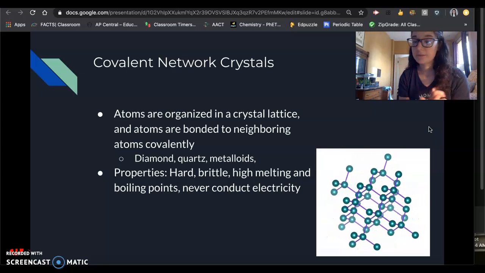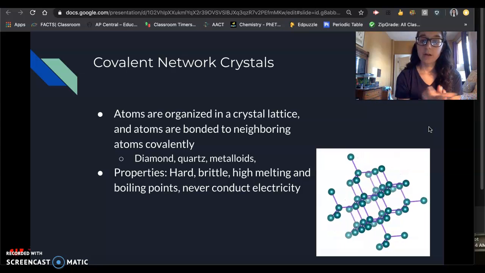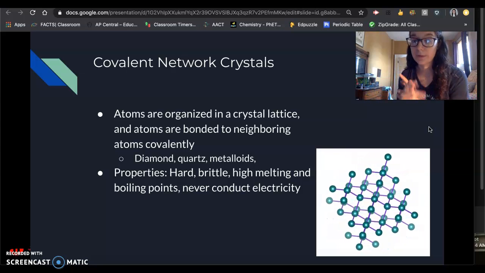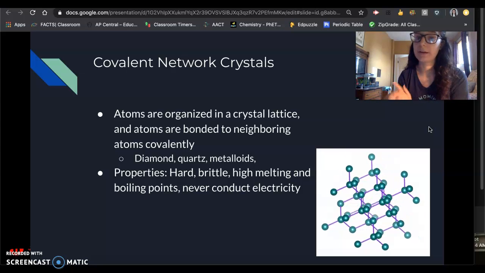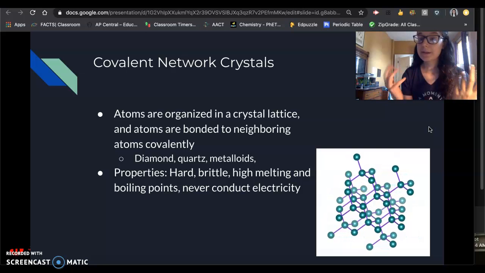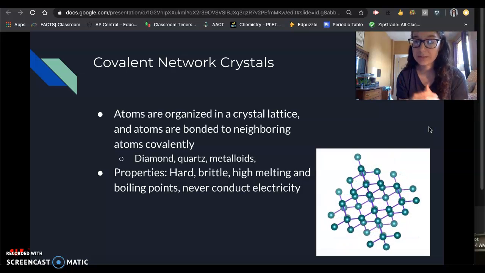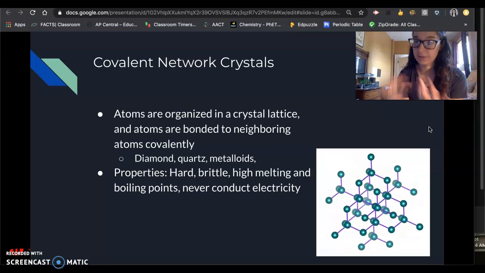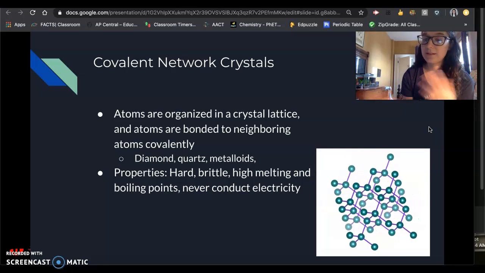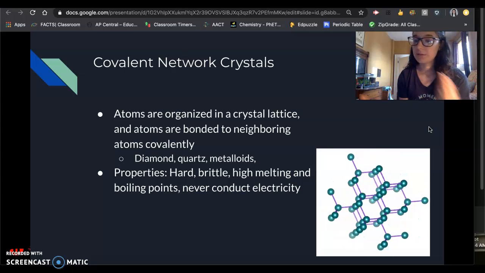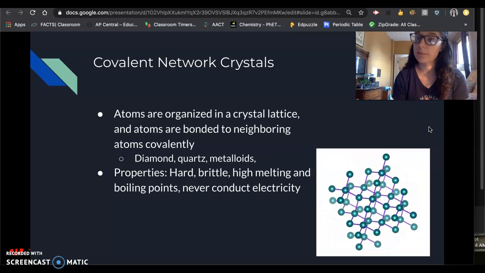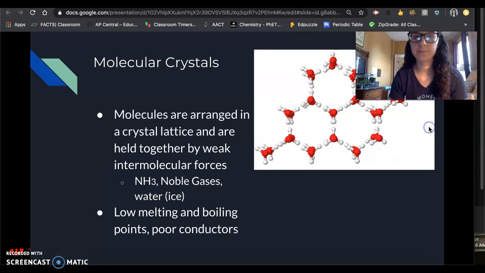Examples are diamond, which is made of just carbon, quartz, and your metalloids will also form a covalent network crystal. Typically they are also hard and brittle. They have high melting and boiling points because covalent bonds are really, really strong. And they never conduct electricity. So they don't have charges that flow throughout them, even if they are liquefied.